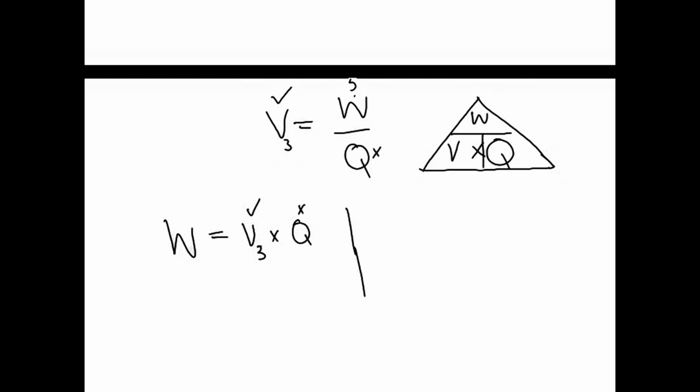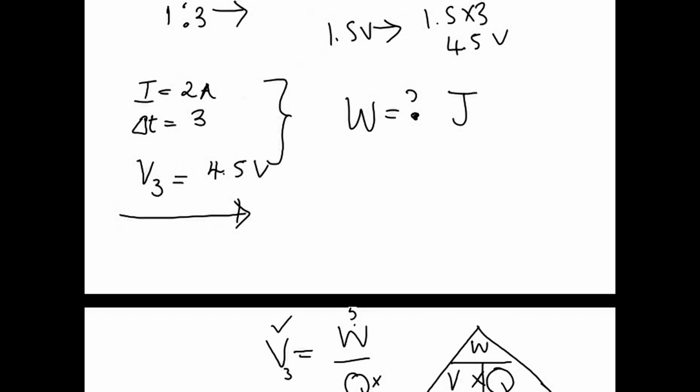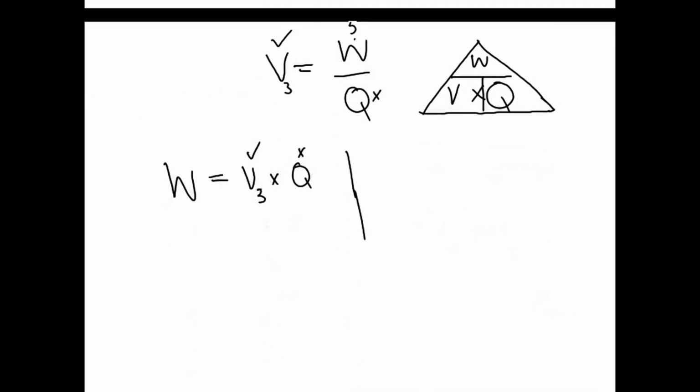You find Q by remembering, oh, I'm given the current and the time. If I'm given the current, I can actually determine the charge. How so? There's an equation that says the current equals the rate of flow of charge.